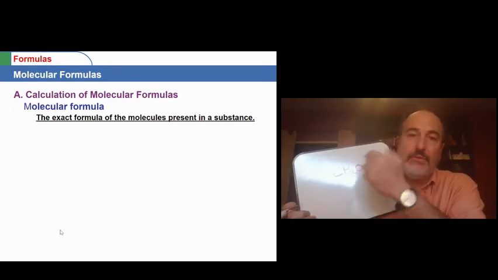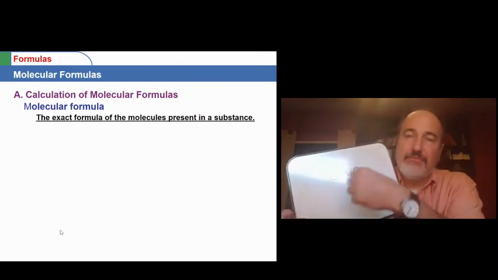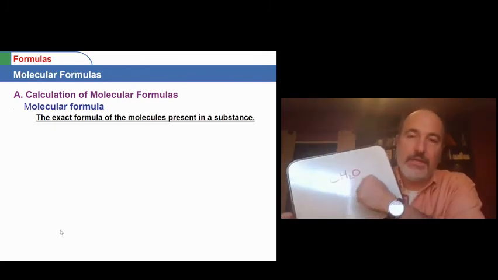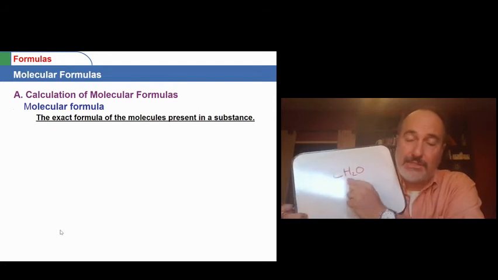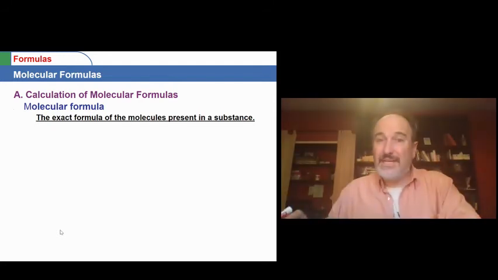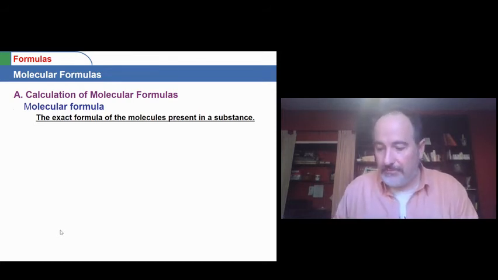However, if you are doing an analysis of a compound and you get back from the percentages of carbon, hydrogen, and oxygen that it is one carbon for every two hydrogens for every one oxygen, that's all well and good, except there is more than one molecular compound that has this empirical formula.